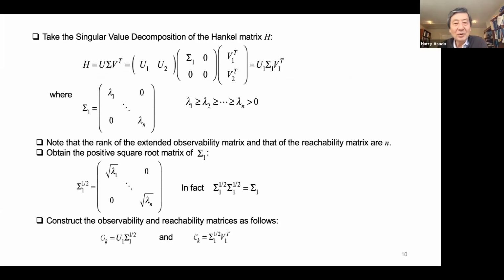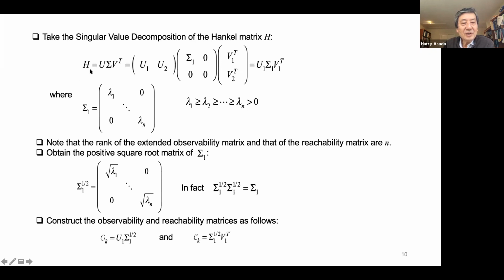So what we do is take the singular value decomposition of that Hankel matrix. When did you last use the singular value decomposition in 2160? Maybe back in partial least squares regression, right? So perhaps you should review that.